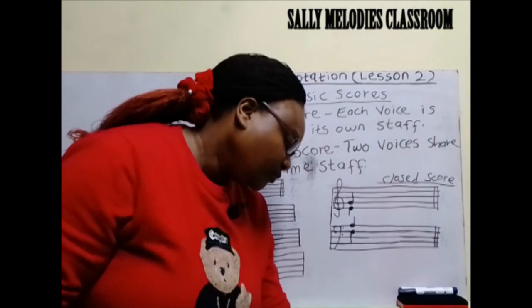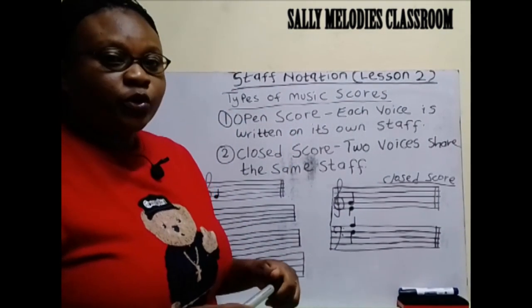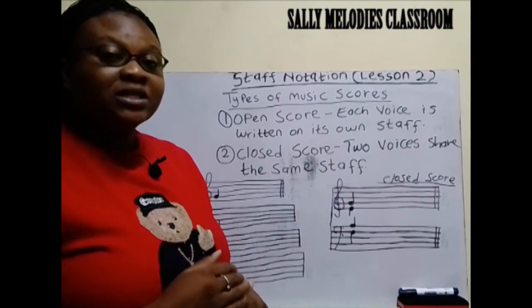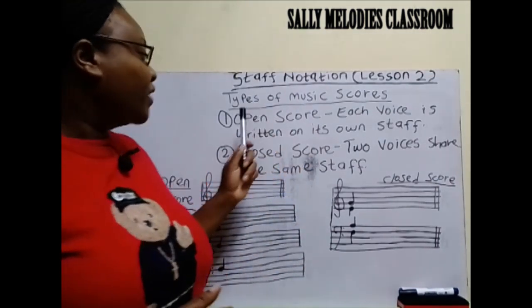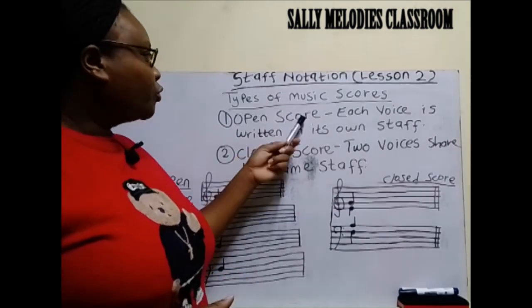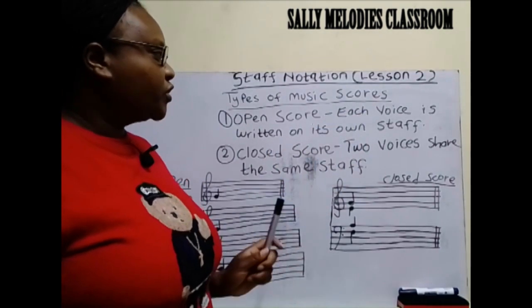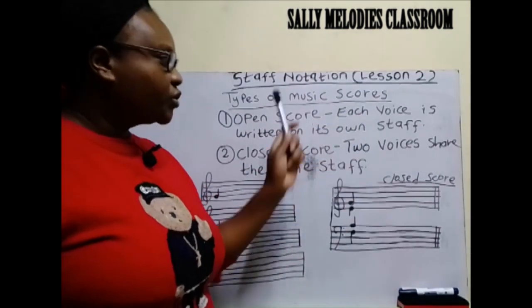So, there are two types of scores that you will come across when you are training or when you are singing. The first one is an open score. What do we mean? An open score is whereby each voice is written on its own staff.